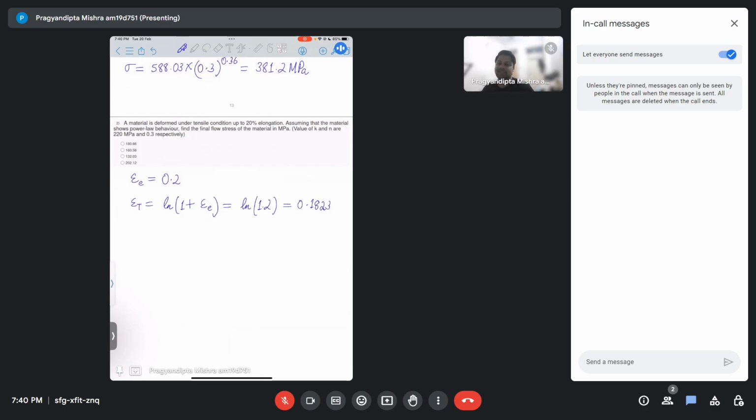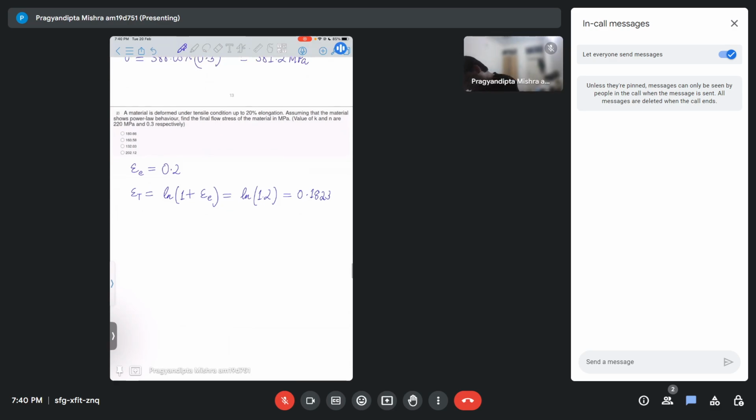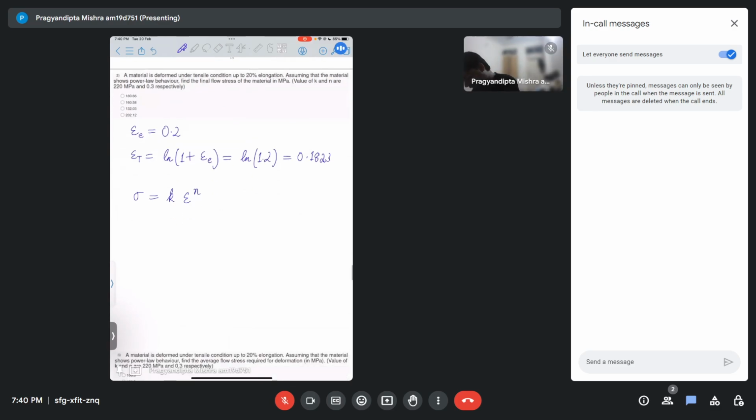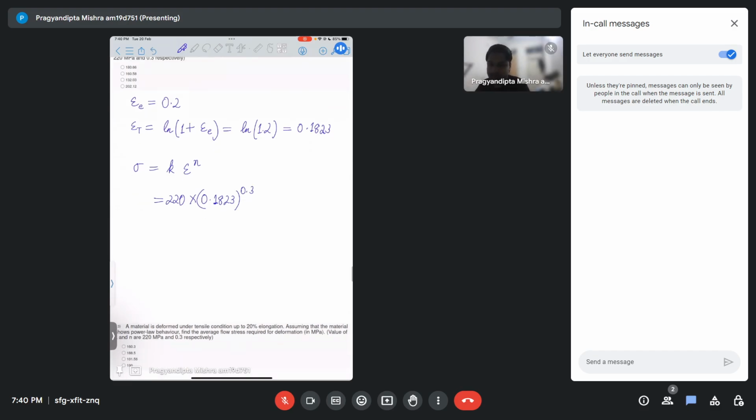Now they have asked us what is the value of stress, final value of flow stress. So sigma is equal to K times epsilon to the power n. So this is equal to 220 into 0.1823 to the power n, which is 0.3. So your final answer is, let me just calculate it.